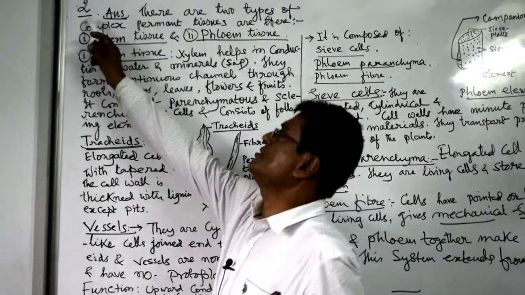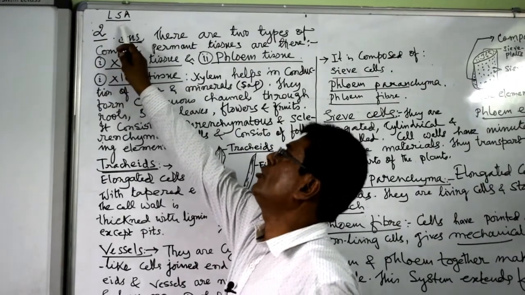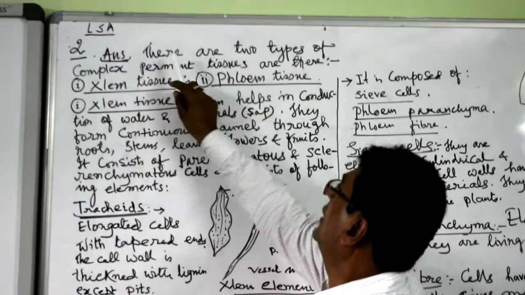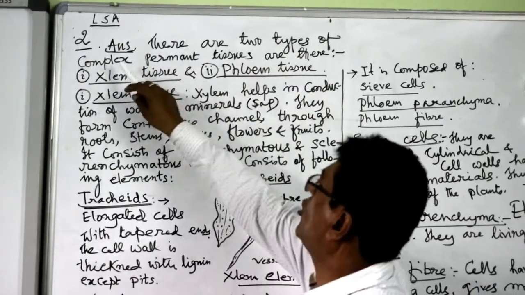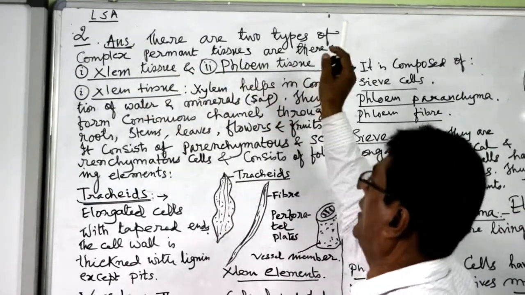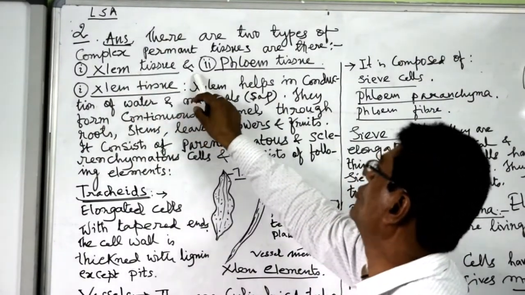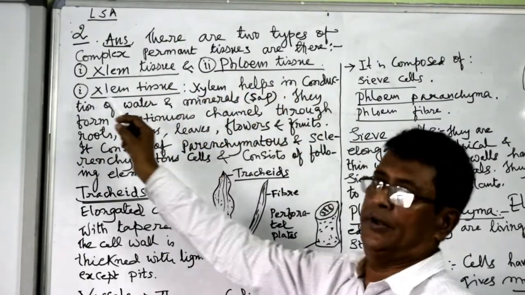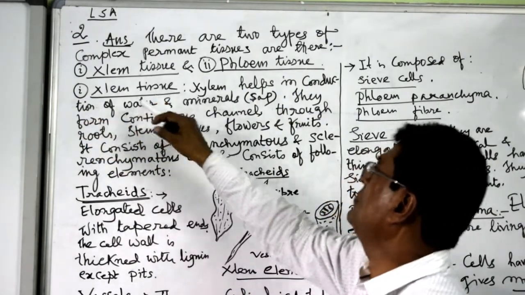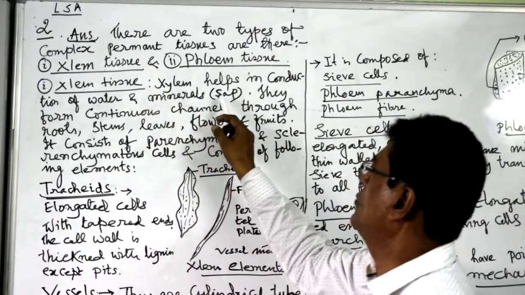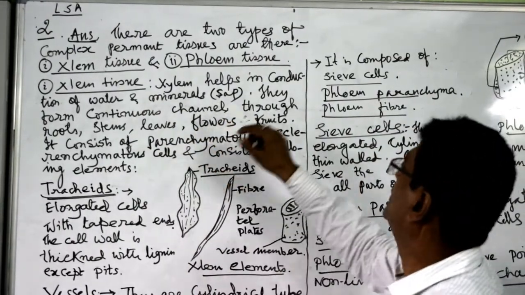Children, here is the answer to the long question. Number 2, the answer is: there are 2 types of complex permanent tissues. Number 1, xylem tissue and number 2, phloem tissue. Xylem helps in conduction of water and minerals, which is known as sap.